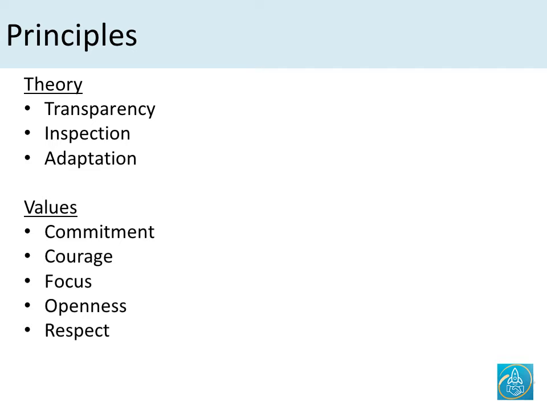It takes commitment from each of the team members in terms of what they are supposed to do, what their roles and responsibilities are to be able to deliver results in a sprint cycle. It takes courage to work on complex and challenging problems.